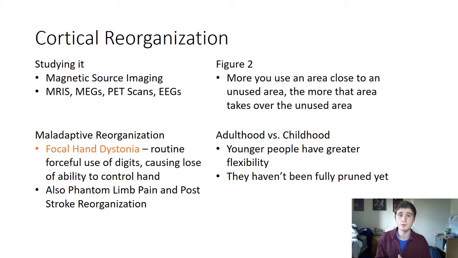You probably don't need to worry about it unless you're a musician or a gamer or somebody else who uses their hands vigorously many hours a day consistently for years. So you're probably fine. Finally, in adulthood and childhood, younger people tend to have greater flexibility in cortical reorganization because they haven't been fully pruned yet in terms of their synapses.